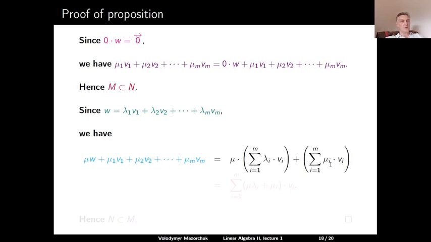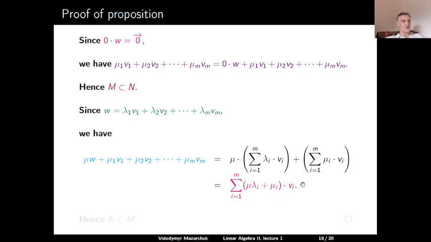Again, we use the axioms of the vector space, distributivity, and then we rearrange summands and use distributivity again. So we can rewrite this expression as a sum over all i from 1 to m, mu times lambda i, which comes from this summand, plus mu i from here, times vi.